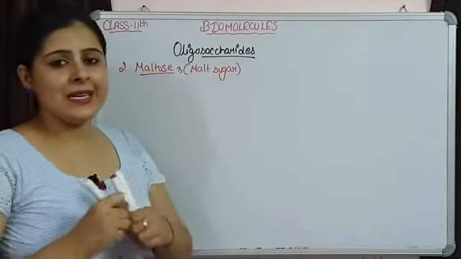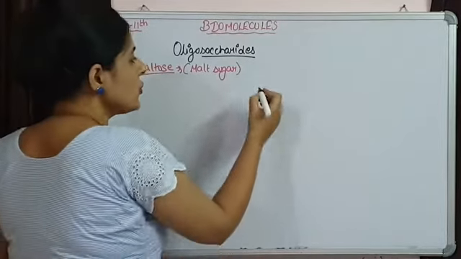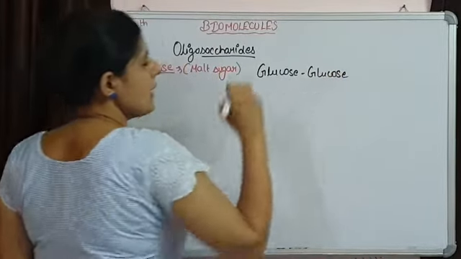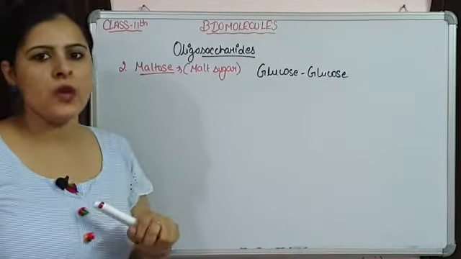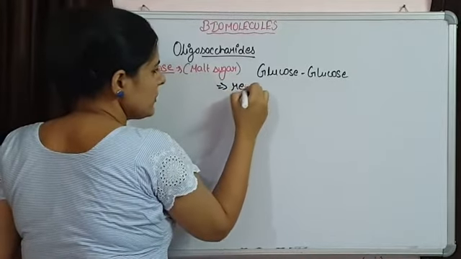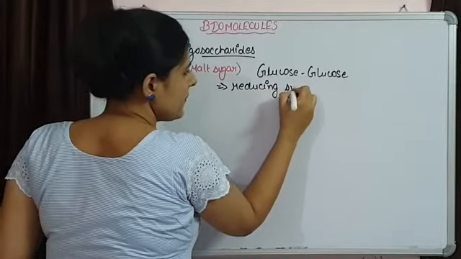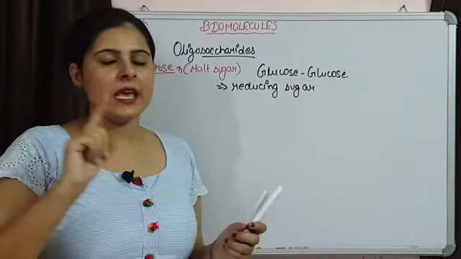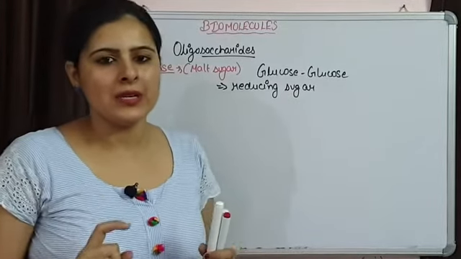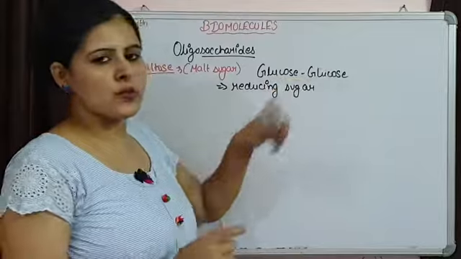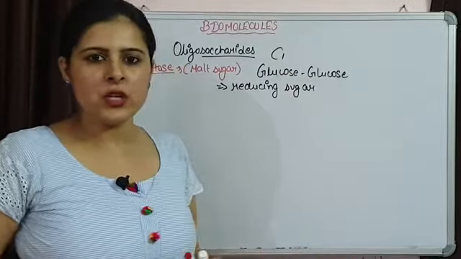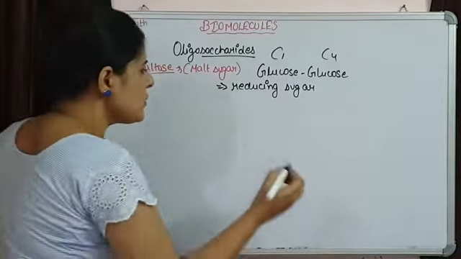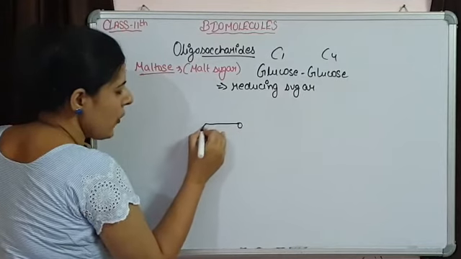This malt sugar is again a disaccharide, made up of two glucose units, meaning one glucose forms a glycosidic linkage with another glucose, and that is responsible for the formation of maltose. It is a reducing sugar. The bonding between them is an alpha 1,4 glycosidic bond. That simply means that carbon 1 of one glucose is involved in bond formation, and the fourth carbon of the second glucose is involved. So this is how the bond is formed.